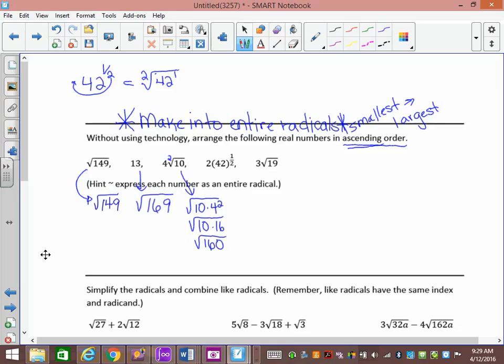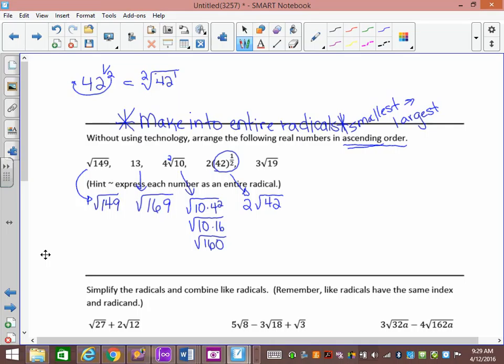This number underneath is just the index of your radical. You learned that last year. So I can rewrite this 42 to the half as the square root of 42 to the 1, which is the square root of 42. So really, this is actually 2 square root 42.